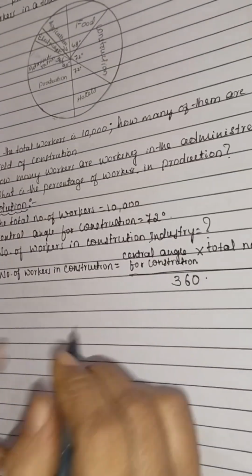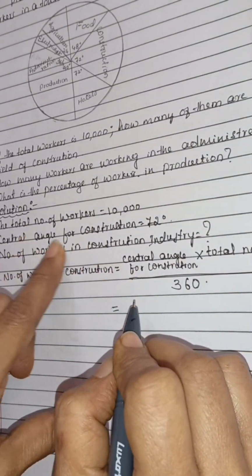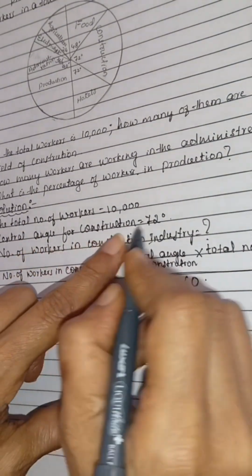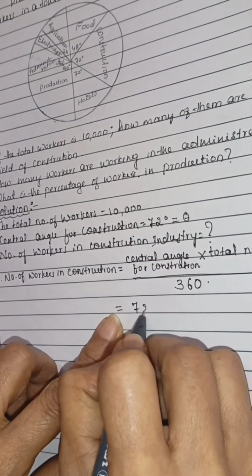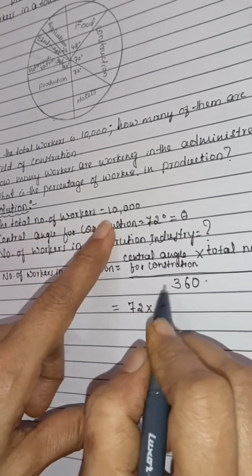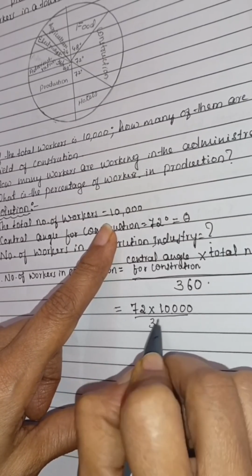Now substitute the values. The central angle of construction, theta, is 72, multiplied by the total number of workers, 10,000, divided by 360.